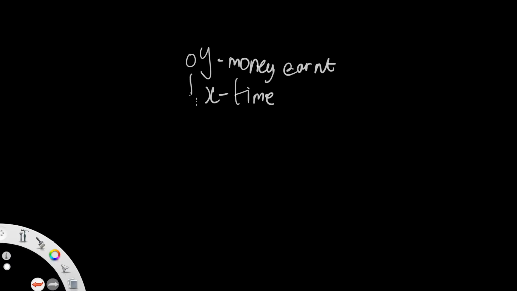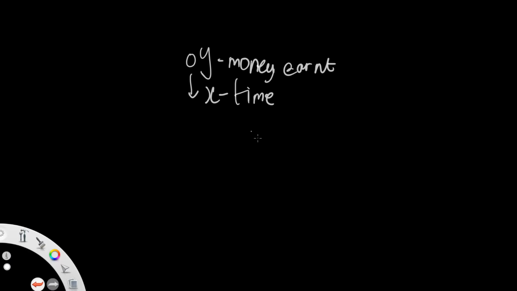So for this function, we could write y as the money earned and x as the time. Here we would say that the amount of money earned is based on the amount of time.